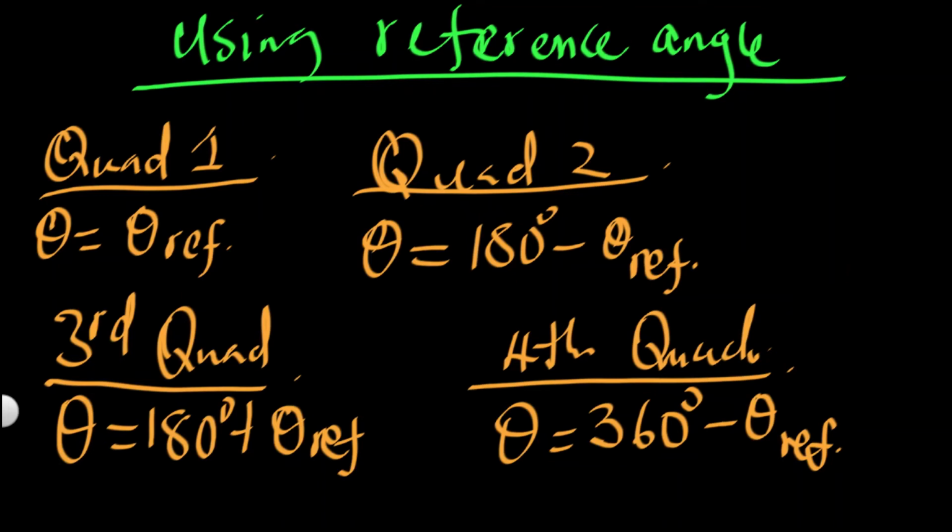Once you get your reference angle and you're looking for an angle in the second quadrant, you just say 180 degrees minus that reference angle. If it is in the third quadrant, you say 180 degrees plus the reference angle. If you're in the fourth quadrant, it is 360 degrees minus the reference angle. And please understand what I said.